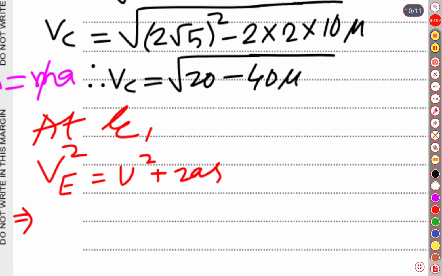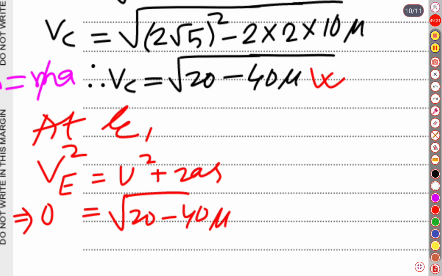Okay. So if the final velocity is 0, the initial velocity we have calculated here is the square root of 20 minus 40 mu, whole squared, plus, it cannot be plus because acceleration is negative, so minus 2 into our acceleration.